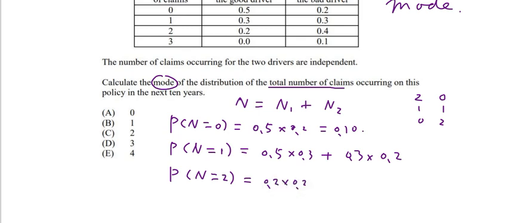So (1, 1) is 0.3, 0.3, and (0, 2) is 0.5, 0.4. So we can find like this, this multiplied by this, this multiplied by this, this multiplied by this.